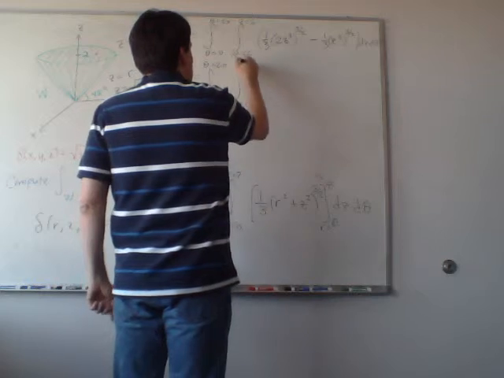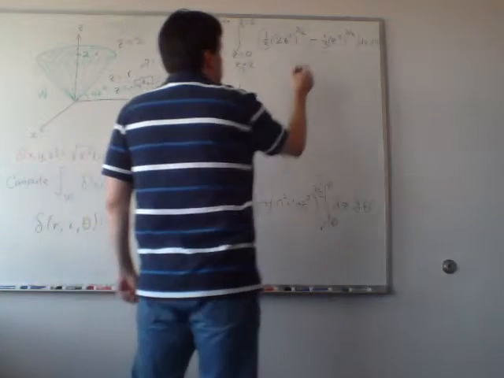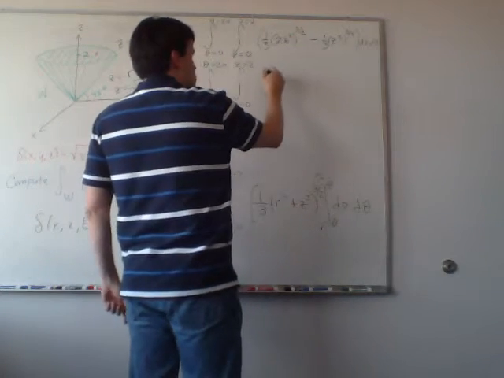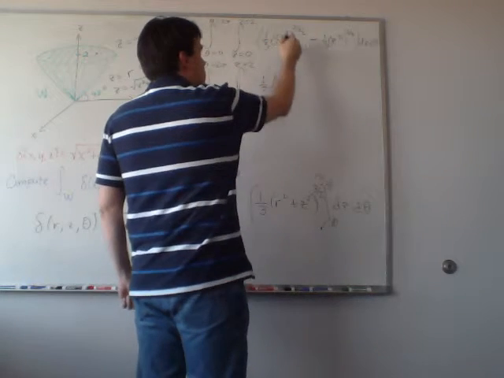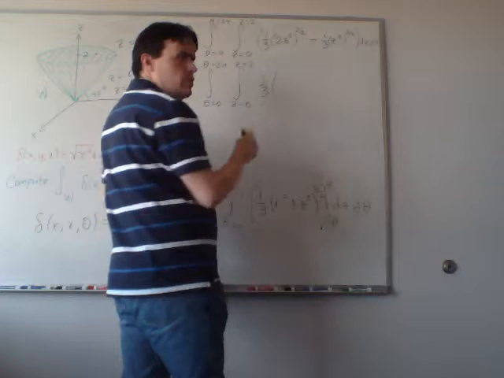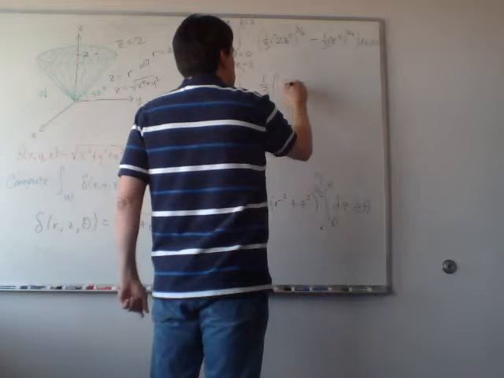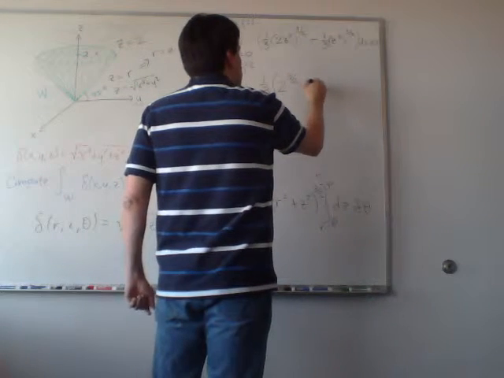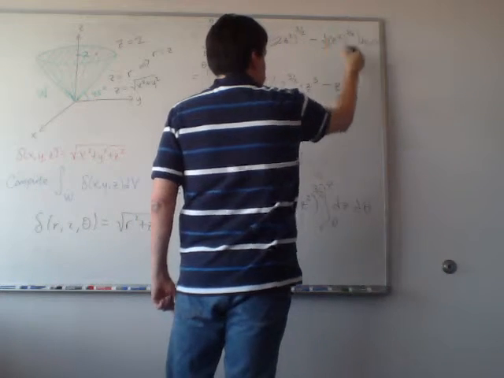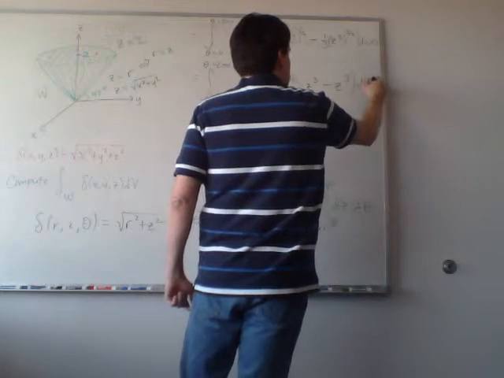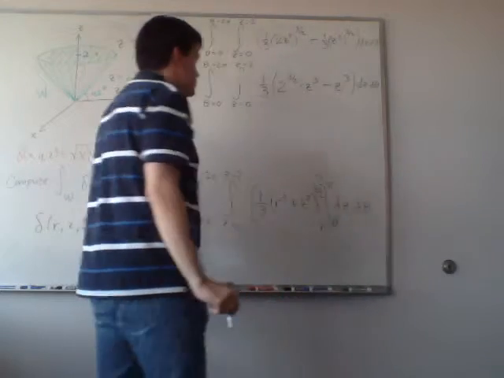Z equals 0 to 2. And then here, if I just do some algebra, I think I find that I can factor out the 1/3 first of all. And I can distribute this power over the product. I get 2 to the 3/2 times z cubed minus z cubed. I've already factored out the 1/3 dz d theta.